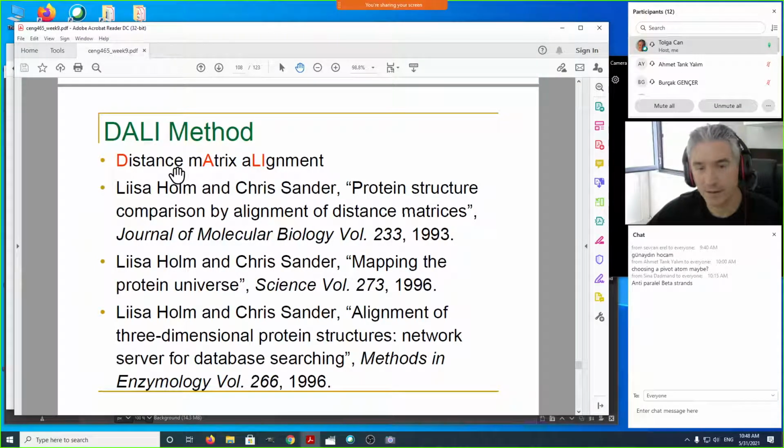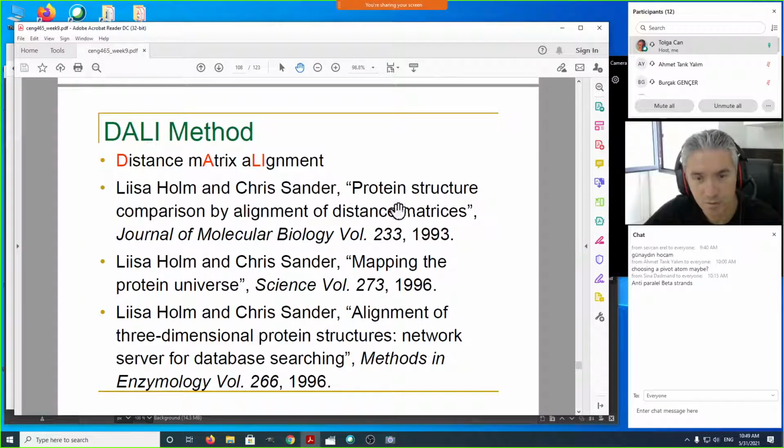So DALI is the acronym for distance matrix alignment. It works on those intra-atomic distance matrices. The first algorithm was in 1993 in the Journal of Molecular Biology, by Liisa Holm and Chris Sander.